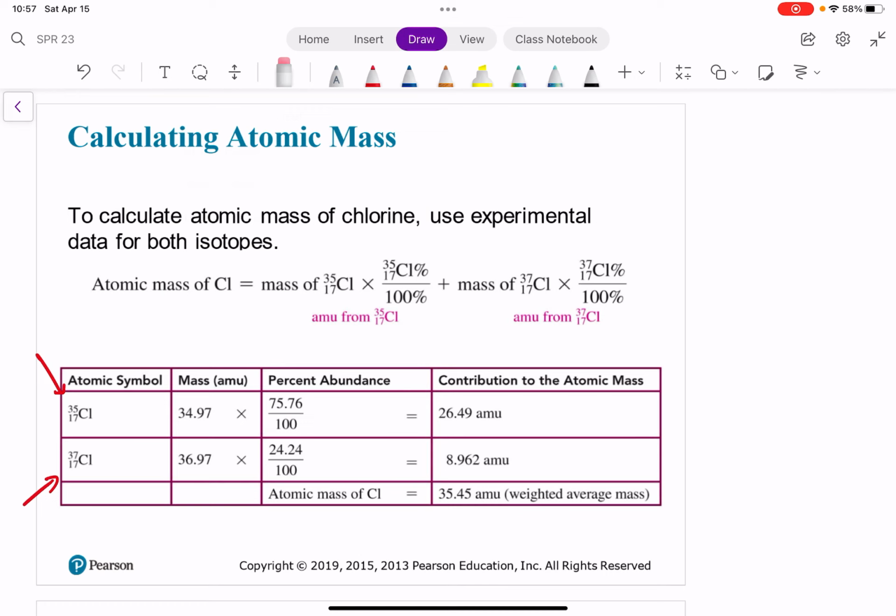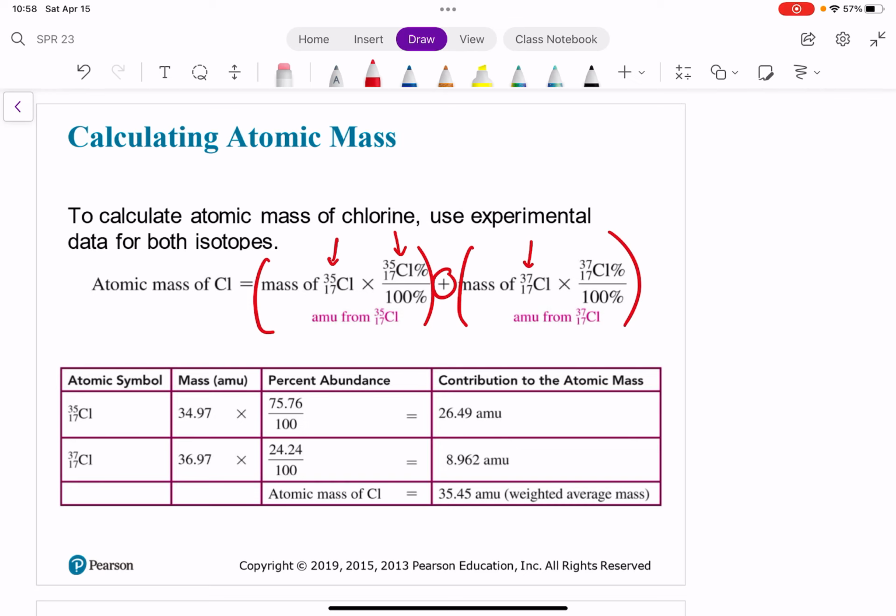So we're taking the mass of chlorine-35, up here, and we're multiplying it by our percent abundance. And then we're adding that number, so you could put some parentheses around that, to the mass of chlorine-37 times the percent abundance of chlorine-37.